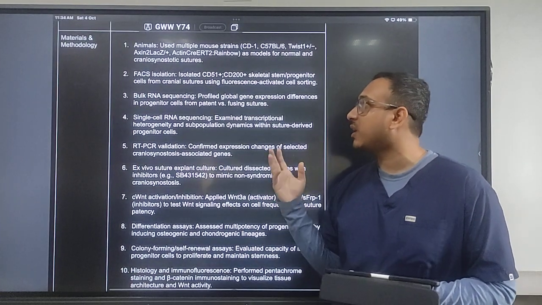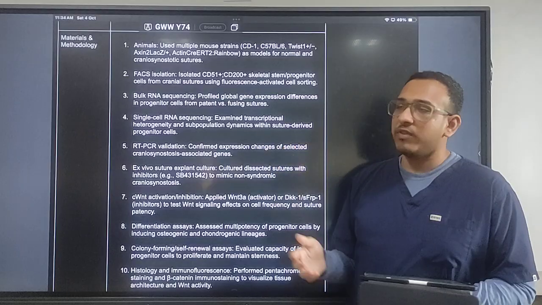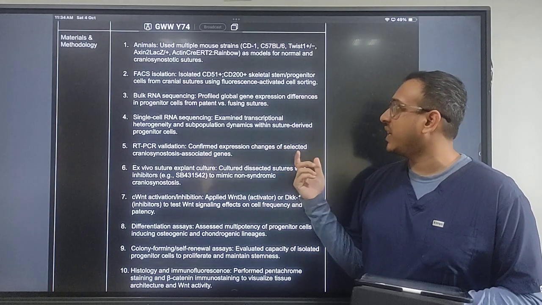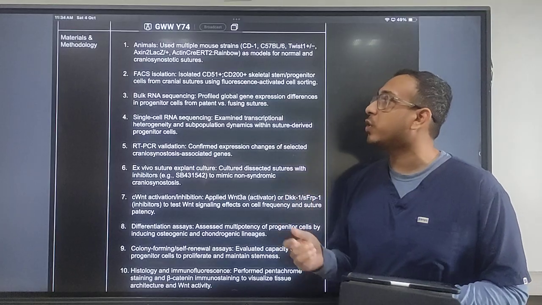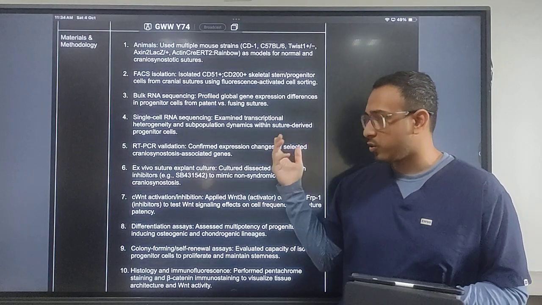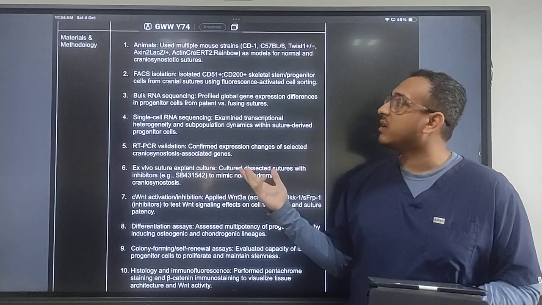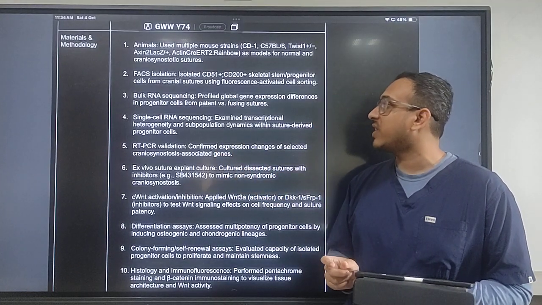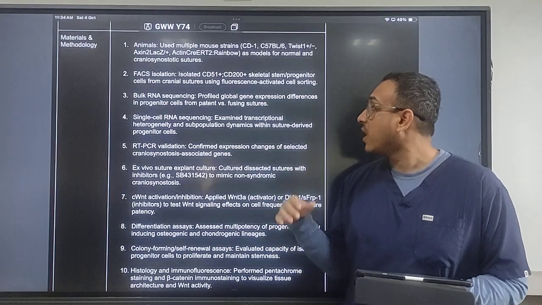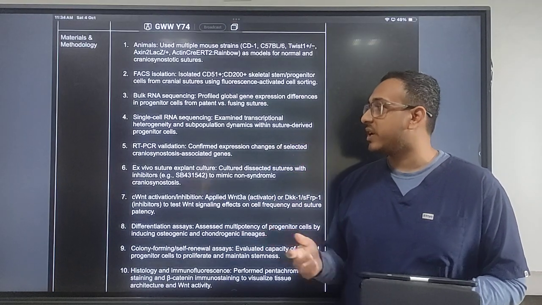For the bulk RNA sequencing, they profiled the global gene expression differences in progenitor cells from patent versus fusing sutures. They did single cell RNA sequencing, where they examined the transcriptional heterogeneity and subpopulation dynamics within the suture derived progenitor cells.